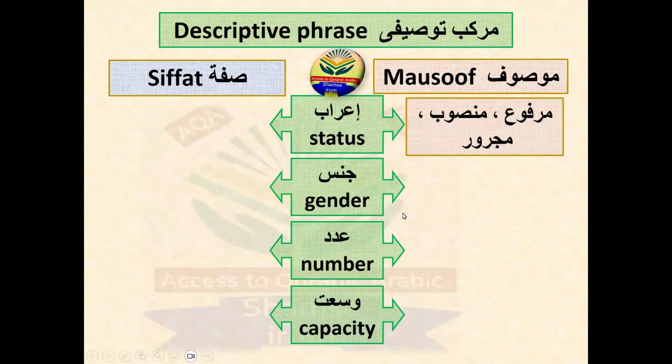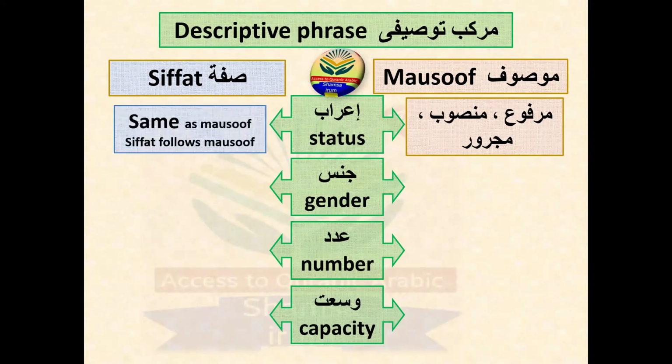Whatever the i'rab the mawsuf will have, whether marfu, mansub or majroor, the same i'rab the sifa will have. Sifa will follow the mawsuf. Always sifa will follow the mawsuf in i'rab, in jins, in adad, in wasat.